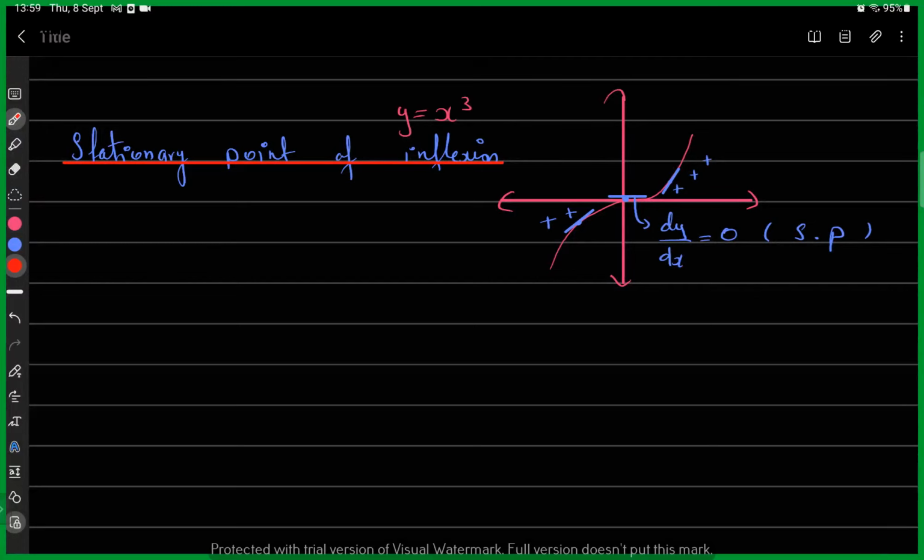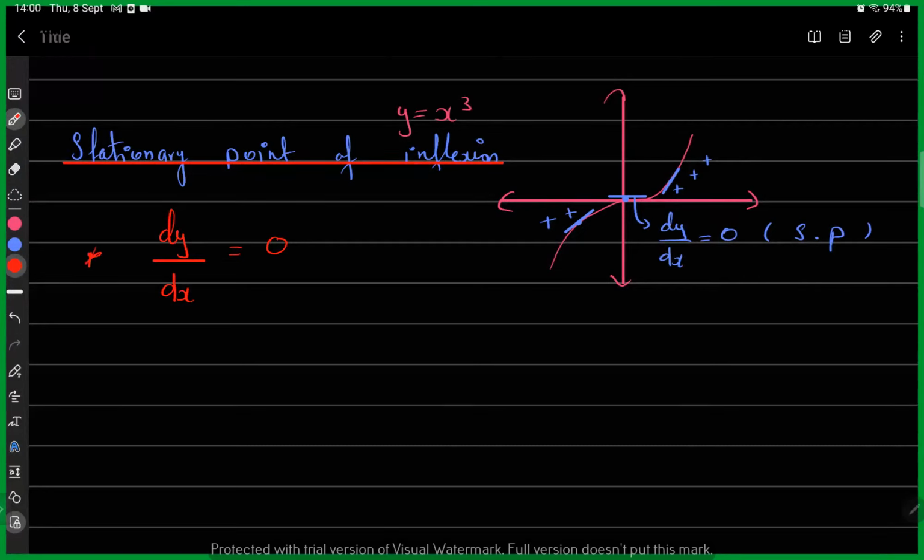Exactly. Excellent. Very good. Okay, so it's dy by dx equals 0. This is your first thing to identify a stationary point, and this is how we do it in every case. But how do we know if it's the point of inflection or not?